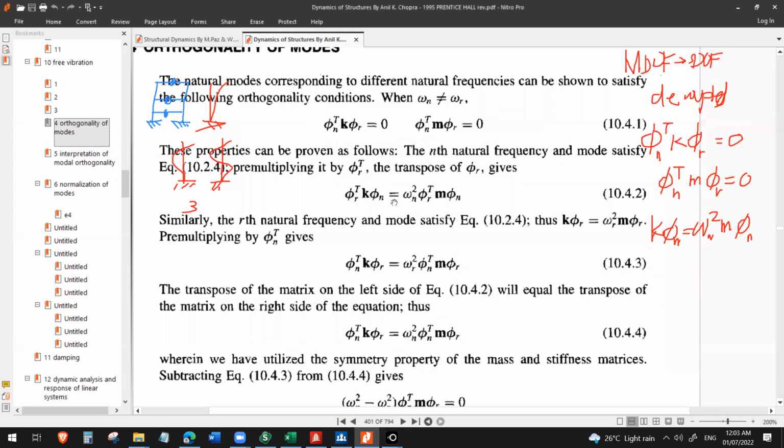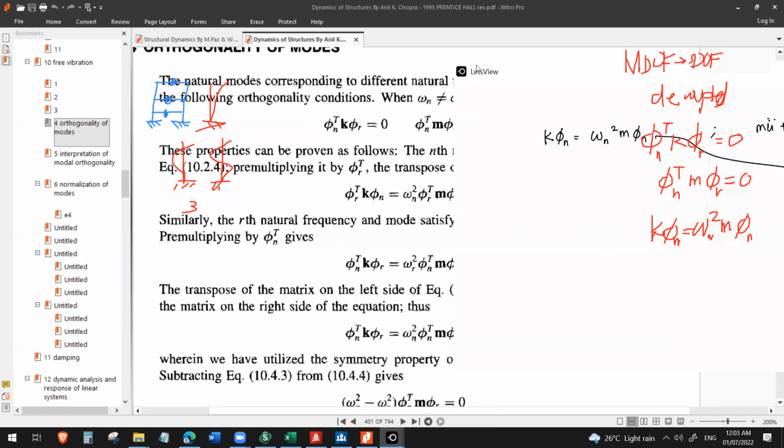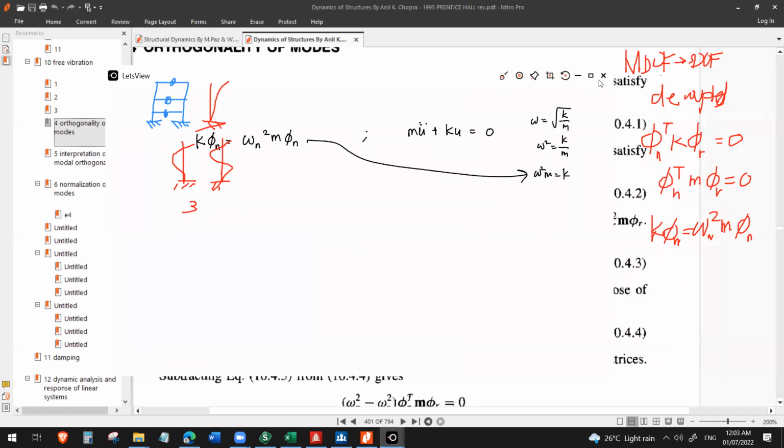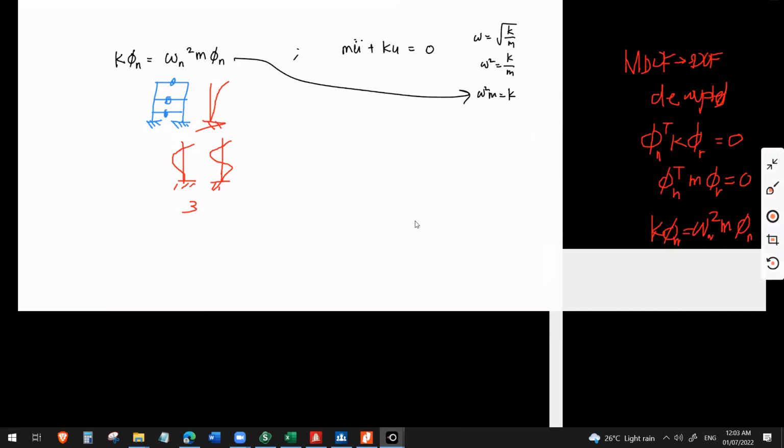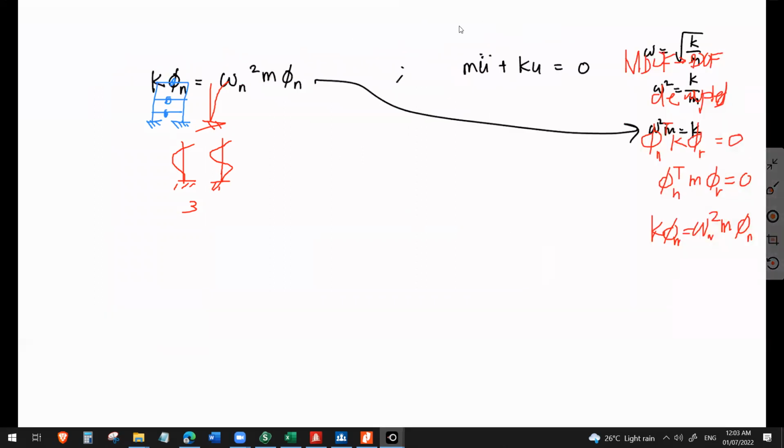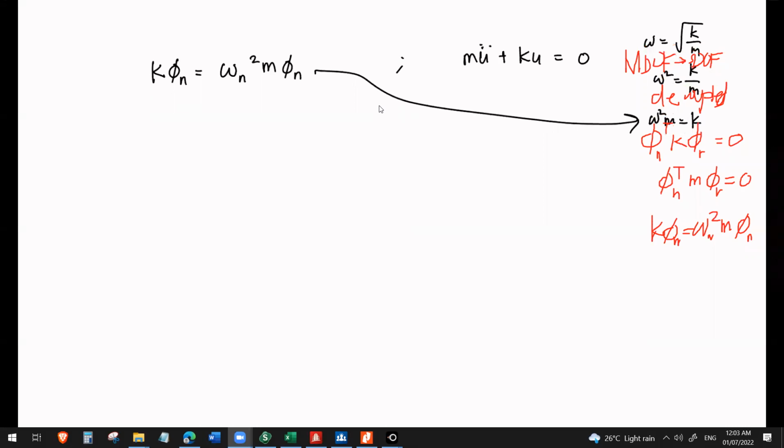So what it says here is to multiply, so k phi n is omega n square m phi n.